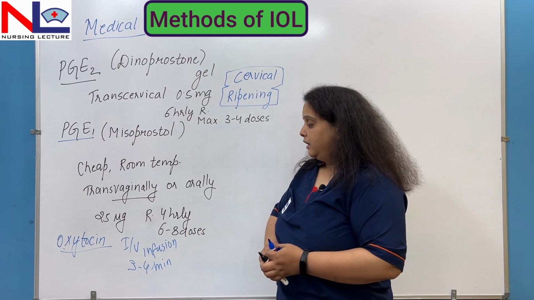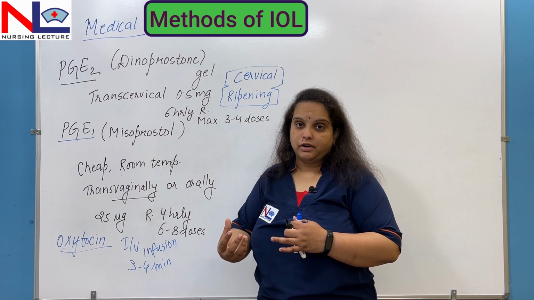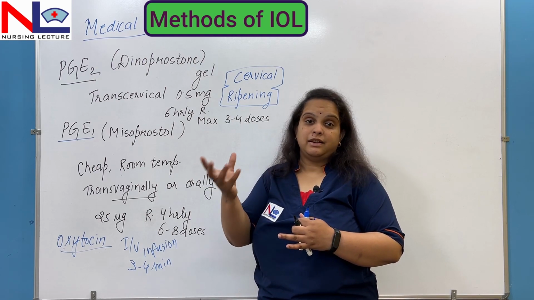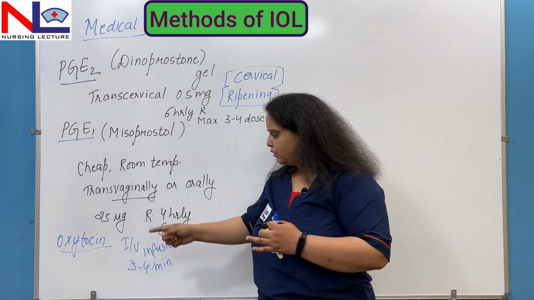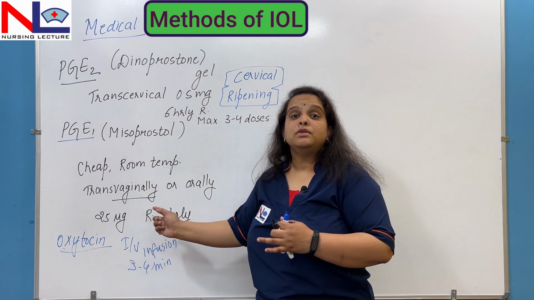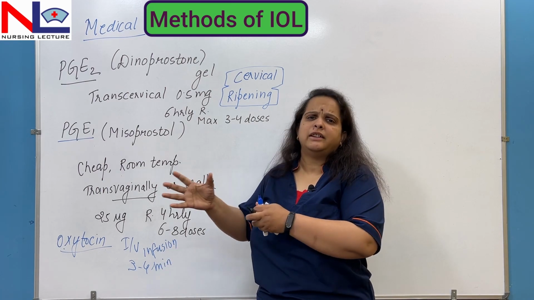So we need to infuse it continuously. If we stop infusing it, its efficacy will be reduced. We need to infuse it continuously to stimulate uterine contraction in a regular rhythmic manner.